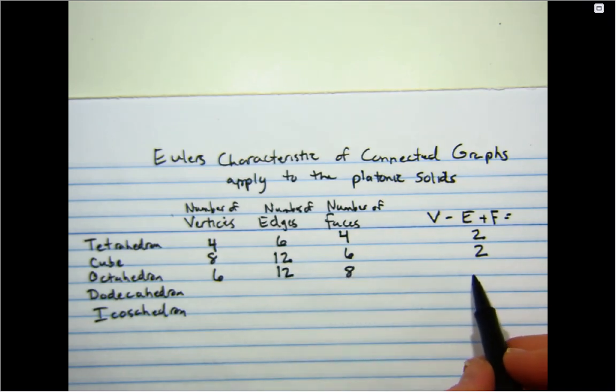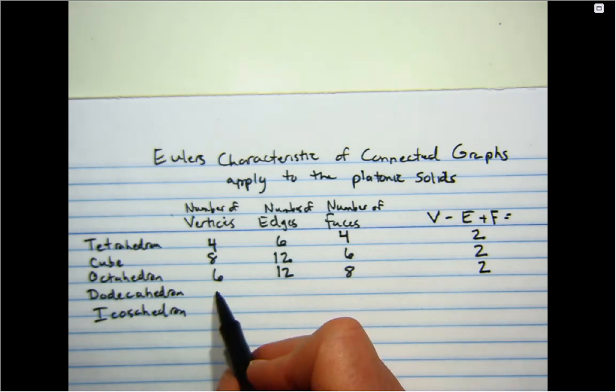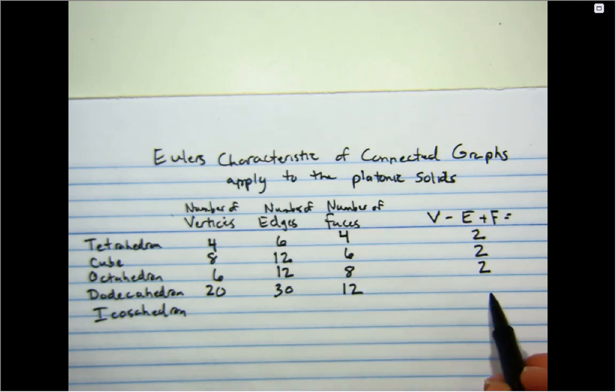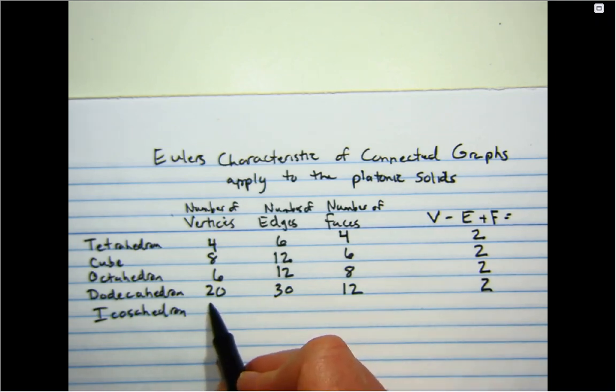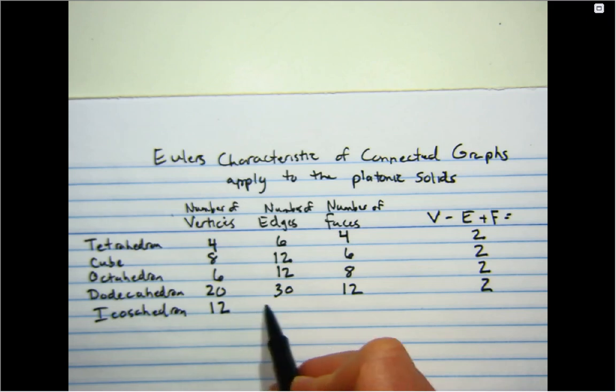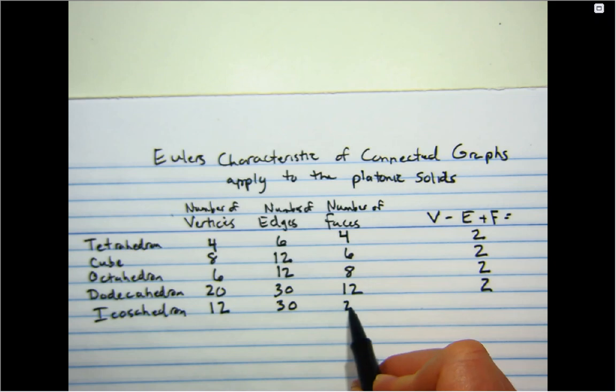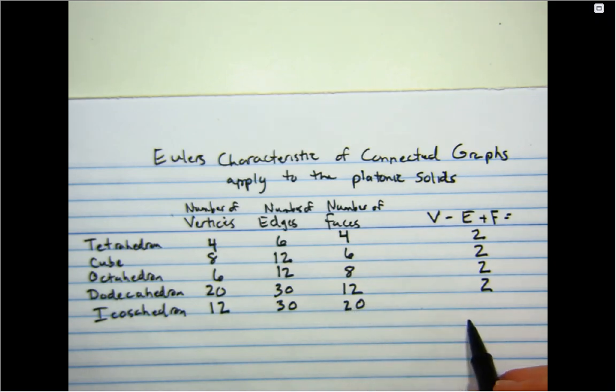V minus E plus F is 2. The dodecahedron had 20 vertices, 30 edges, 12 faces. V minus E plus F is 2. Icosahedron had 12 vertices, 30 edges, and 20 faces. V minus E plus F is 2.